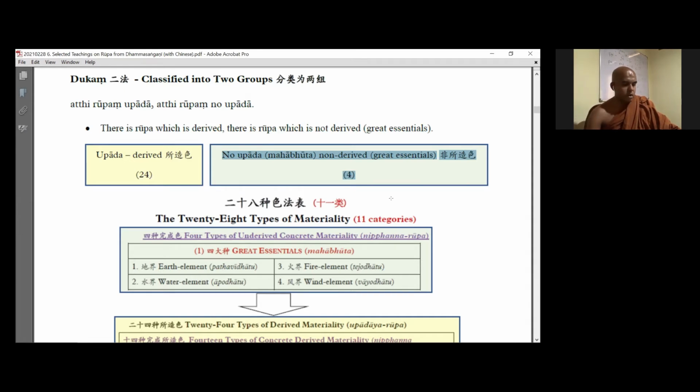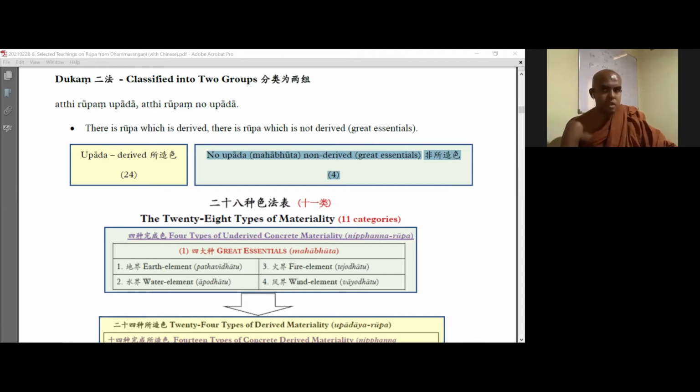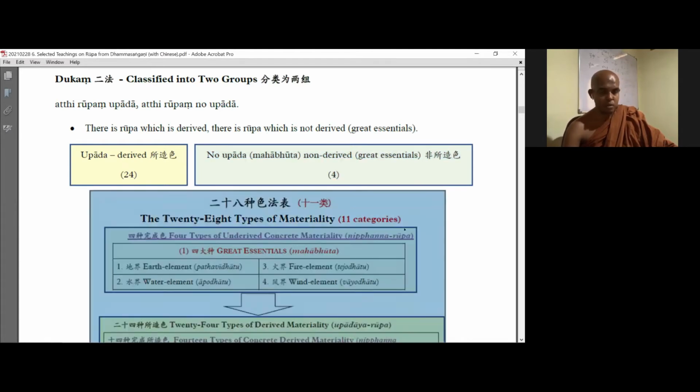I think everyone remembers that. Please look at your notes, page number 7, and the sister is also sharing it on the screen. What are the 4 essentials Rupa, means Mahabhuta?